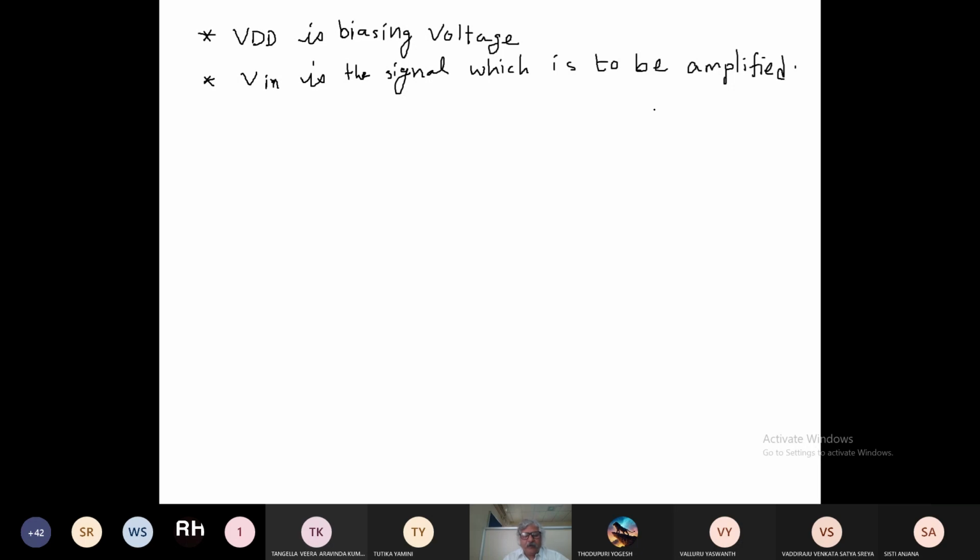Right? So this V in we have applied between gate and source.